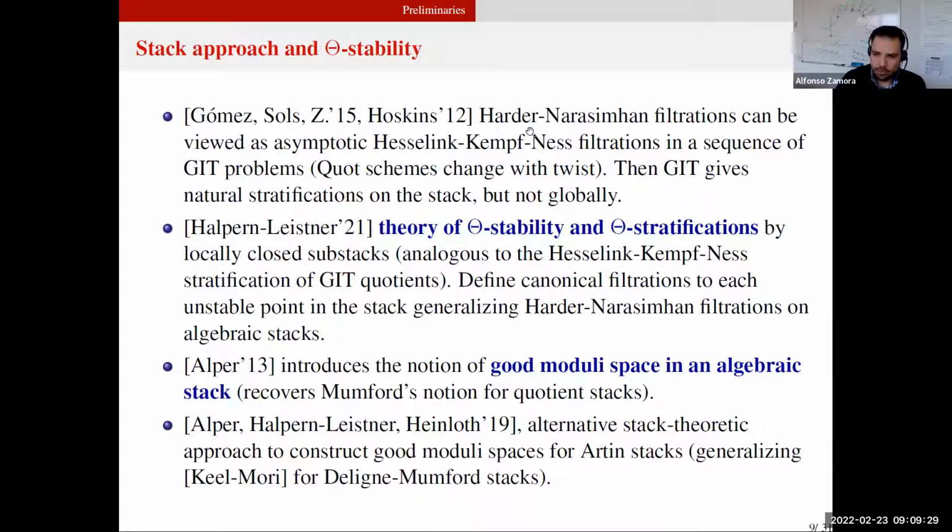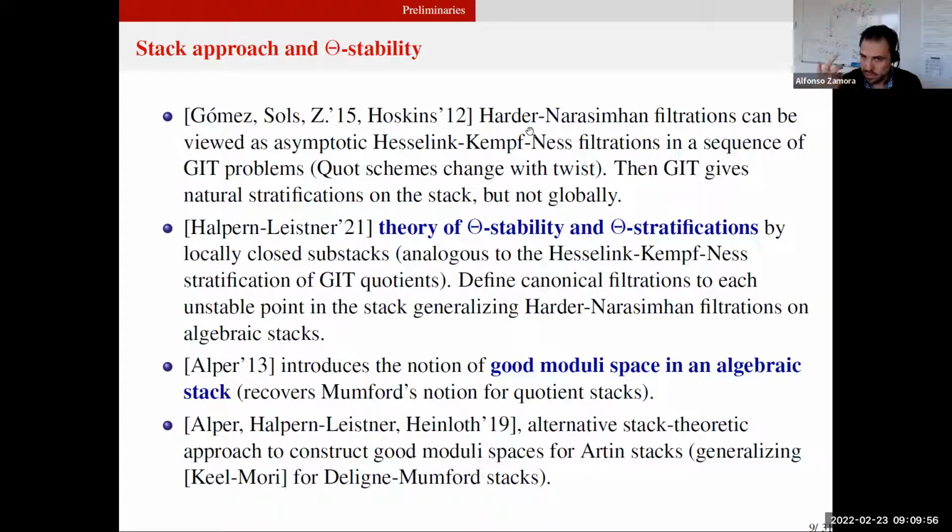What is the stack approach to the problem? It is the following idea. There are two similar results, one by myself together with Gómez and Sols, and the other one by Vicky Hoskins, showing that these Harder-Narasimhan filtrations can be thought of, from the GIT or from the moduli problem point of view, as Kempf-Ness filtrations or Hesselink stratification filtrations.